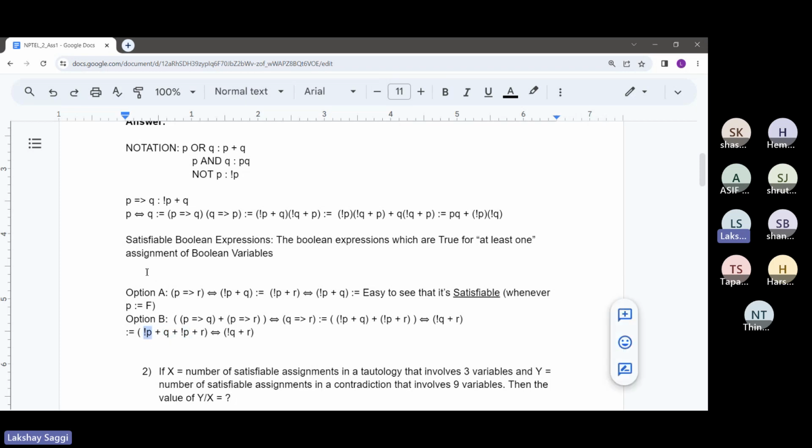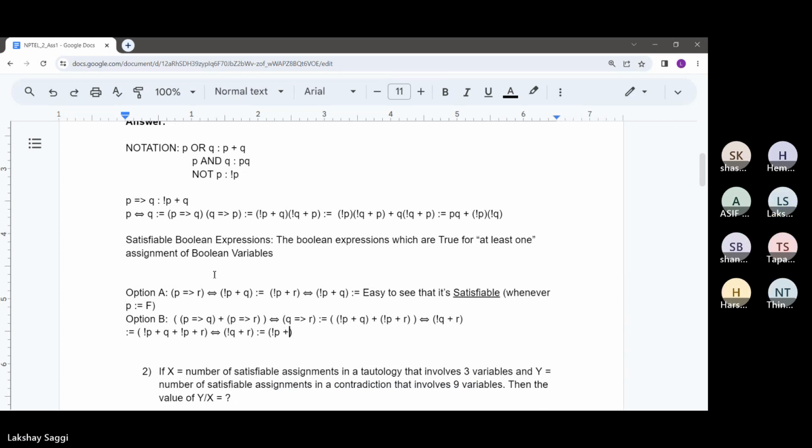So this not P plus not P can be taken together and it will just resolve to not P only, because an expression P or P is just P itself. So this can be resolved to nothing but not P plus Q plus R. I hope I'm making sense to everyone. And this is an if and only if with not Q plus R.